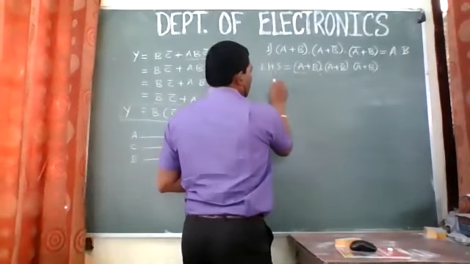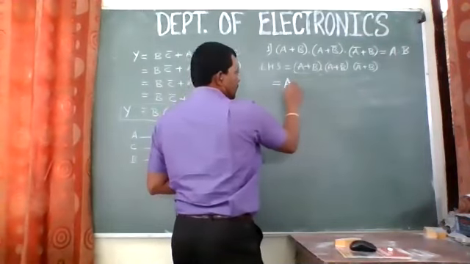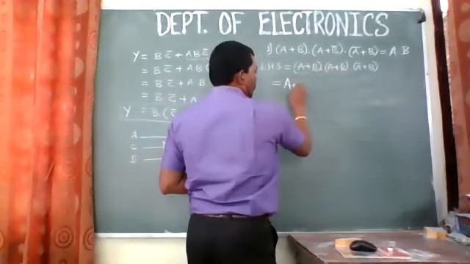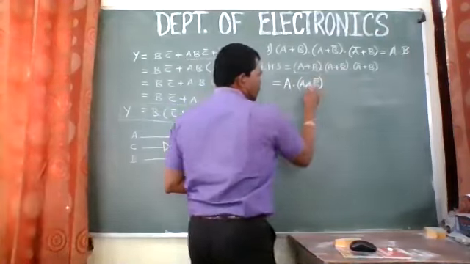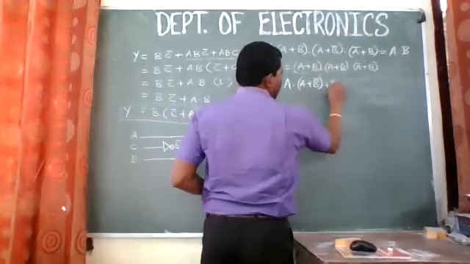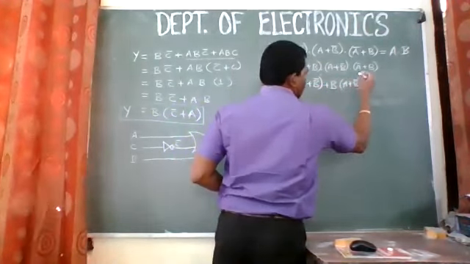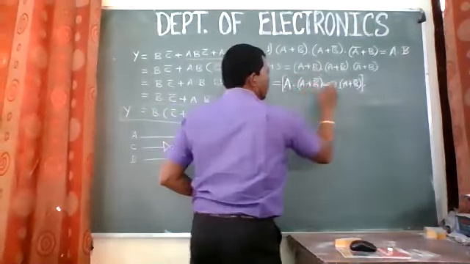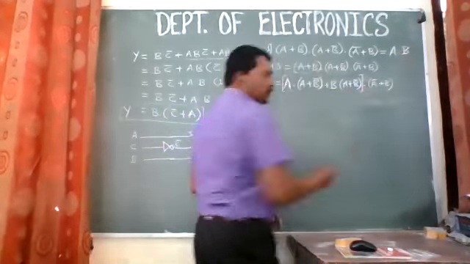Let us try. So I am writing it a little bit dark. So this is A multiplied by this whole bracket, that is (A plus B bar), plus B times (A plus B bar), dot, I keep this as it is, taking it in a big bracket, and dot (A bar plus B).